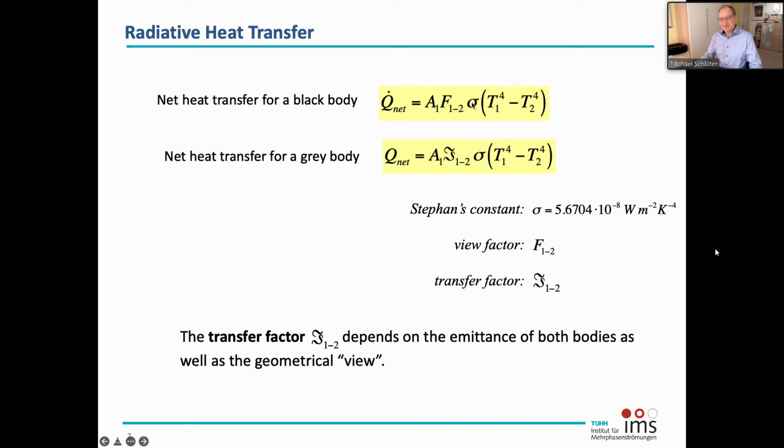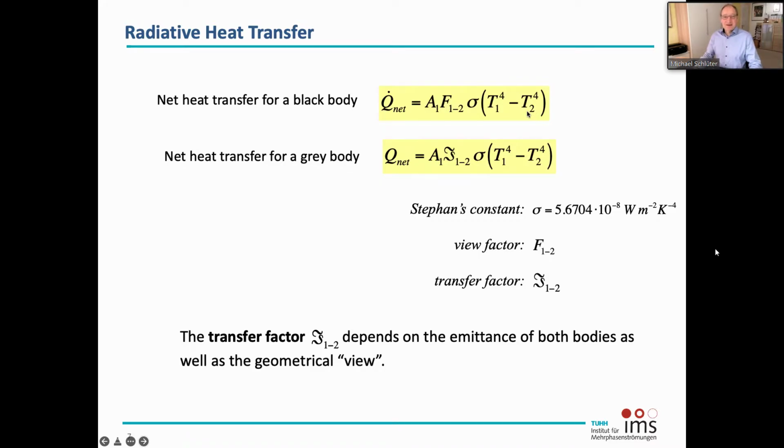So it's this factor multiplied by the temperature to the power of 4, and here we have two surfaces, and because we have the view factor from 1 to 2, this means we have to take into account temperatures of both surfaces. So this is the temperature of surface 1, and this is the temperature of surface 2.